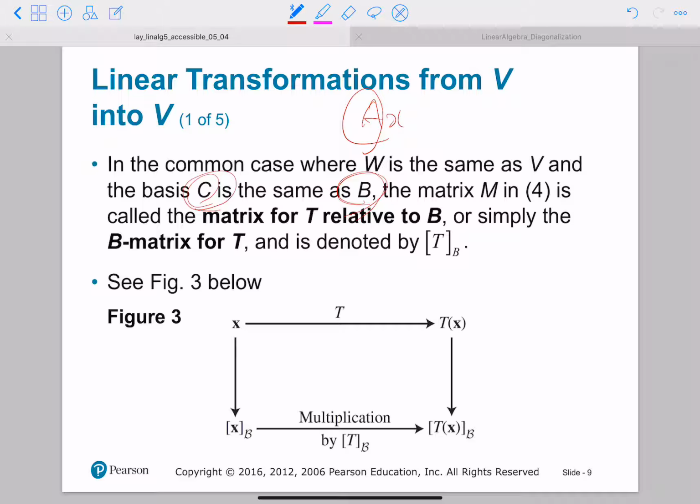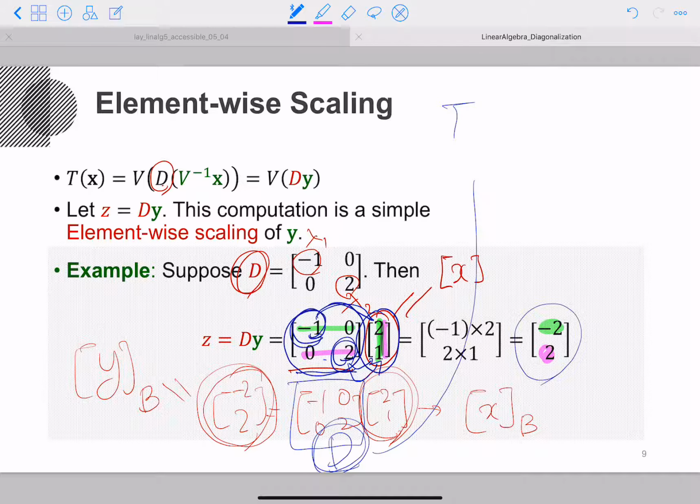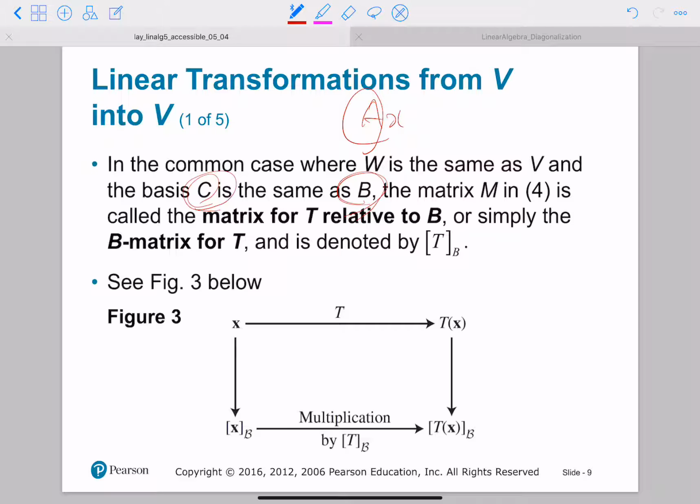This is the situation that we handled over here, where input and output are represented with respect to the basis of eigenvectors, right? So our M is the eigenvalue diagonal matrix whose diagonal entries are the eigenvalues, right?